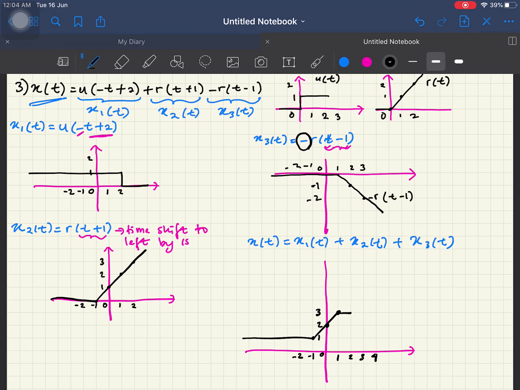So in your resultant signal, the amplitude drops by 1 unit from positive 3 to positive 2. This will continue until infinity. So this is the sketch for x of t, which is the resultant signal that you get by adding these 3 signals over here.